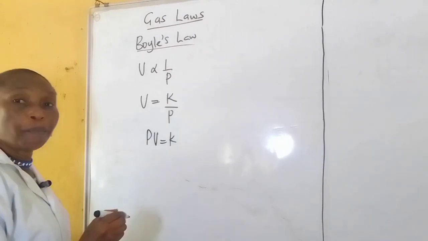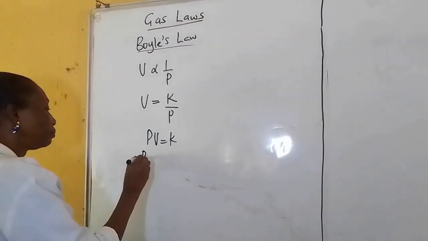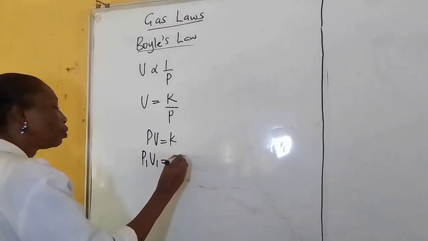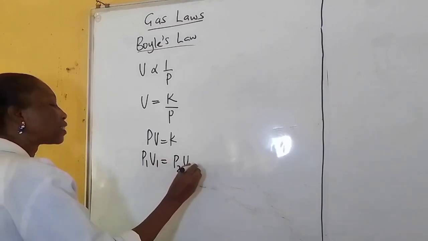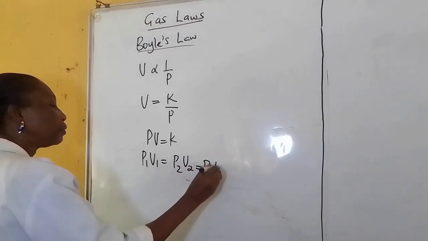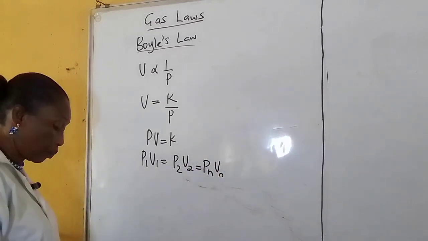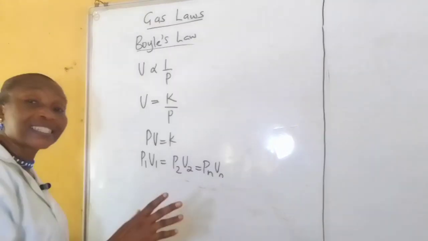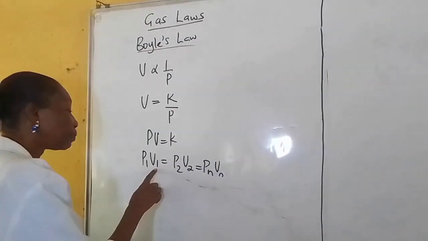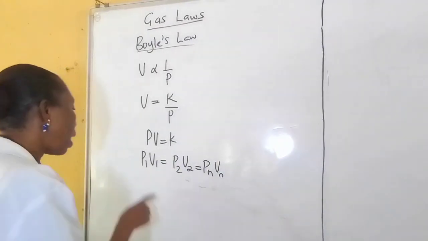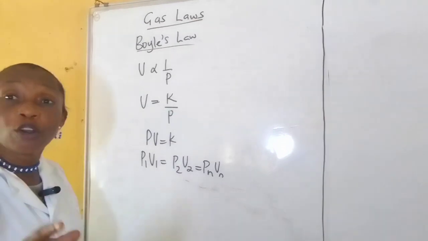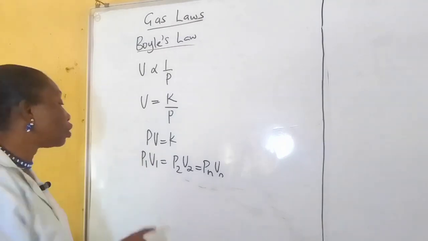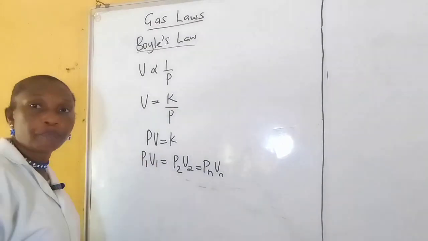So Boyle's law is saying that P1 V1 equal to P2 V2, and if we have to extend it, Pn Vn. So if a gas is at an initial volume of V1 and initial pressure at P1, when the volume is changed to a new volume V2, the pressure will also change to a new pressure P2.